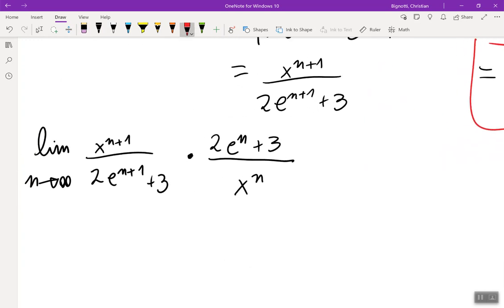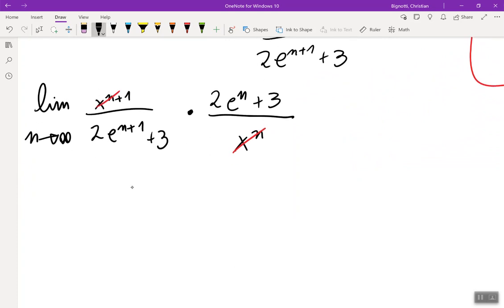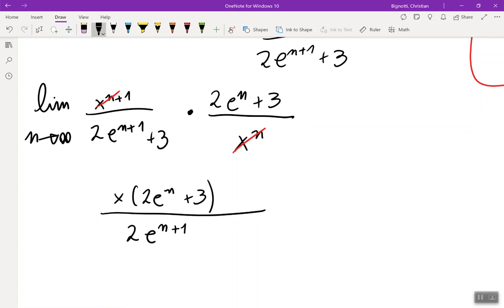Just by looking at it, we can take these two out. We can multiply as well. We have x times 2e^n + 3 all over 2e^(n+1) + 3, limit as n approaches infinity. This is all equal to L.